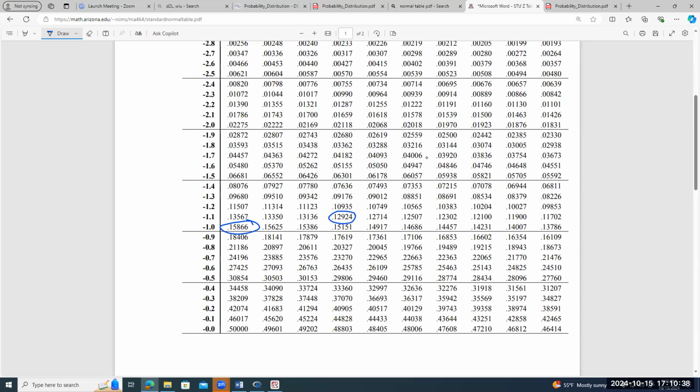Right? This is the closest one corresponding to 0.13, right? So what is the value? Negative 1.13. Understand?